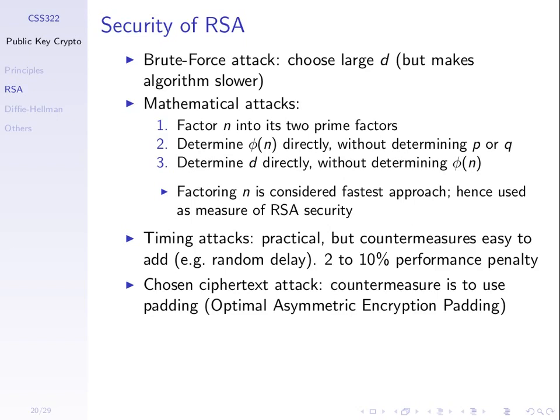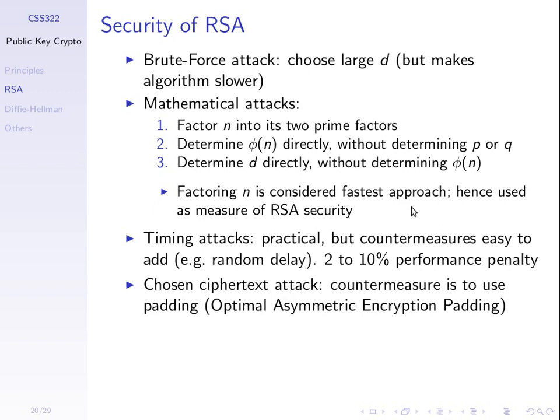All of those require solving computationally difficult problems. So long as the numbers are large enough, the attacker can't solve them. Of those approaches, factoring n is considered the fastest or the easiest for the attacker and is a way to measure RSA security.